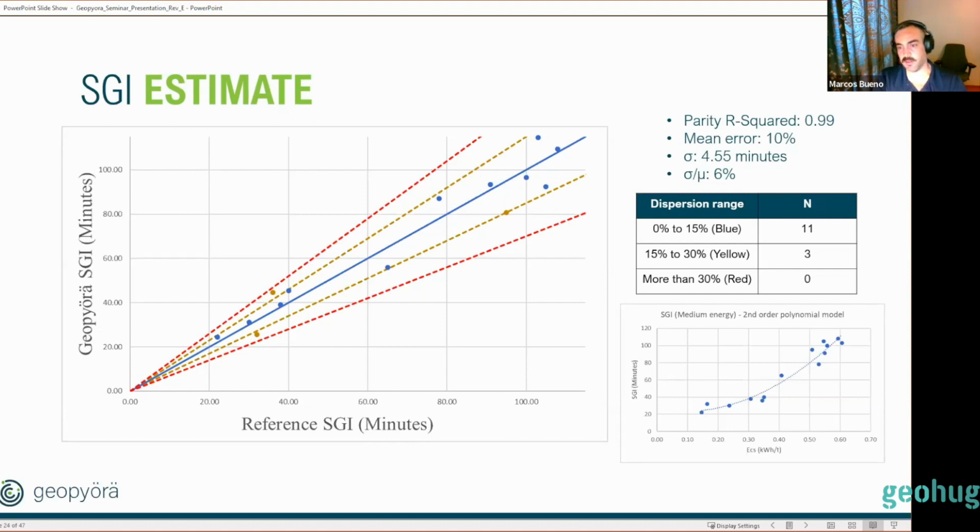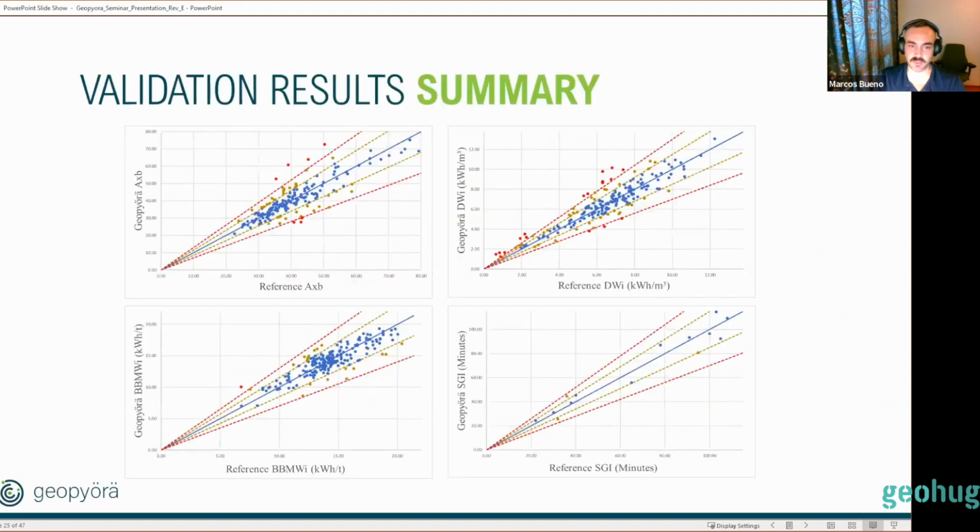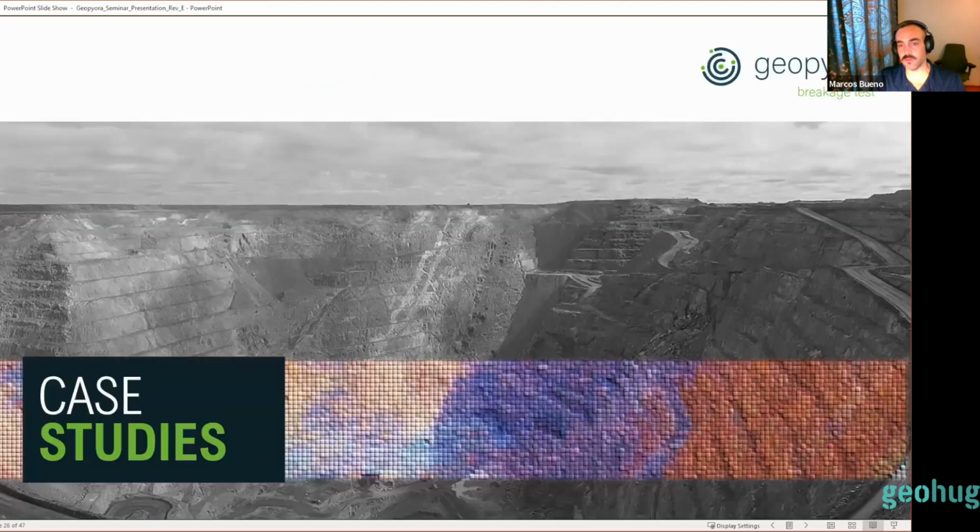It correlates with the specific energy, and we managed to develop a simple model for them, so that they can get the parameter they use by doing the Geopyörä test and looking at the energy consumed. Here's just a summary of these validation results that I've just mentioned. And I'll go through some case studies, some applications of the Geopyörä that we had in the industry so far.